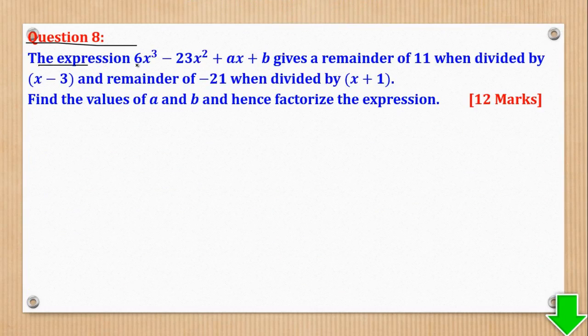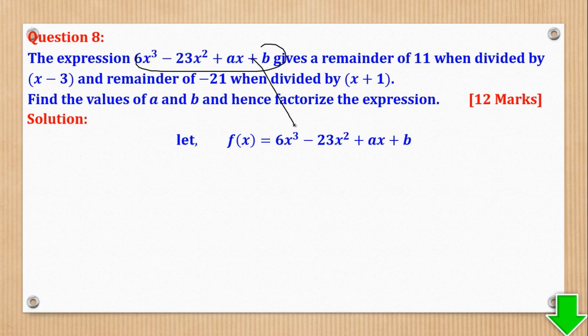Question 8 says the expression this gives a remainder 11 when divided by this and a remainder negative 21 when divided by this. Find the values of a and b and hence factorize the expression. So here I shall let this expression be equal to f(x), meaning that for this x minus 1, x is equal to 3.